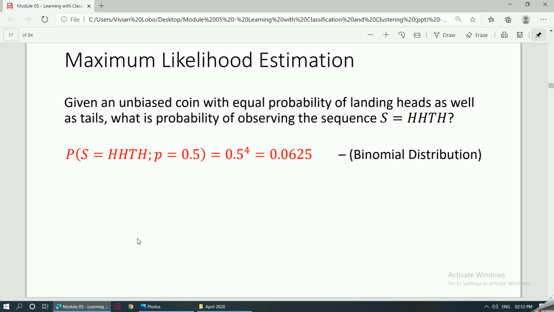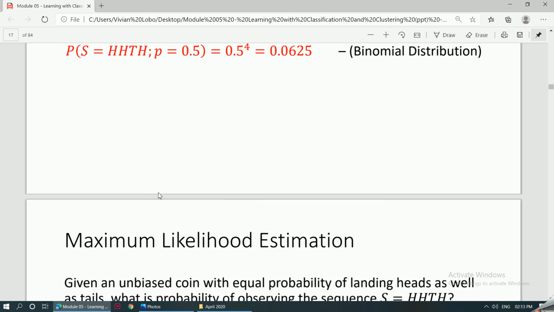So the overall probability for this particular sequence is 0.5 raised to the total number of instances. So it is 4. So the final answer is 0.0625.